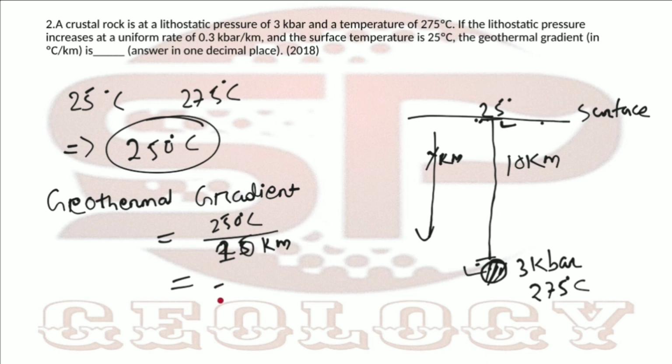So it will be 25 degrees per kilometer. So the geothermal gradient will be 25 degrees per kilometer. That means in 10 kilometers it increased 250 degrees. The answer will be 25 degrees per kilometer.